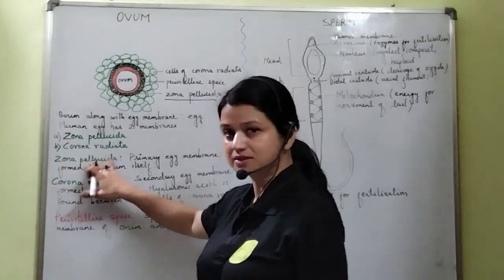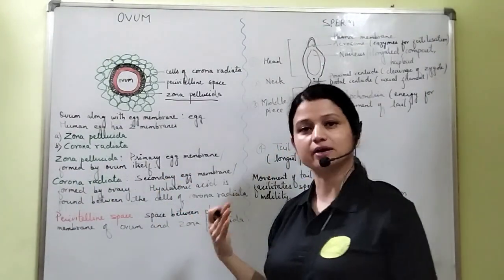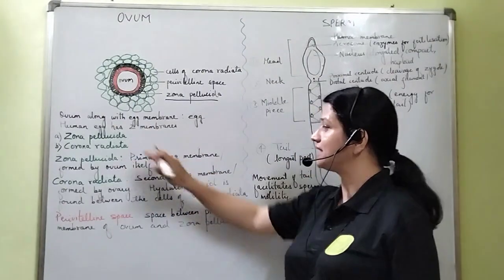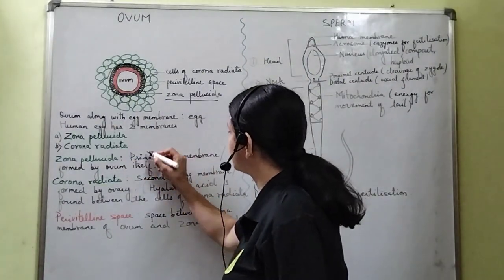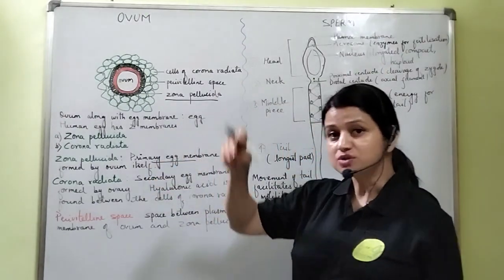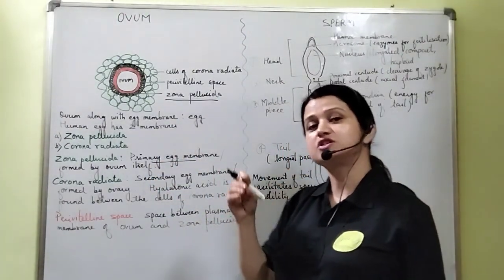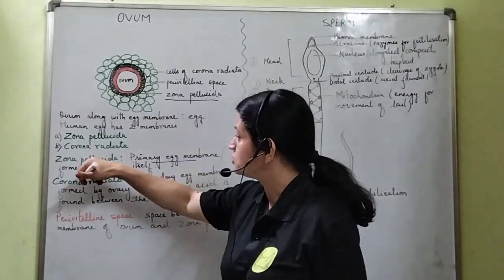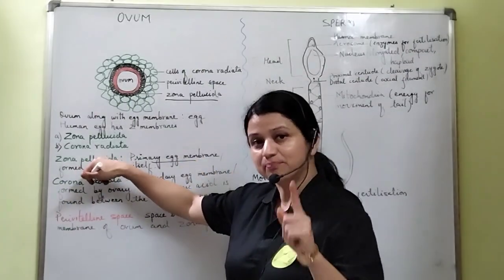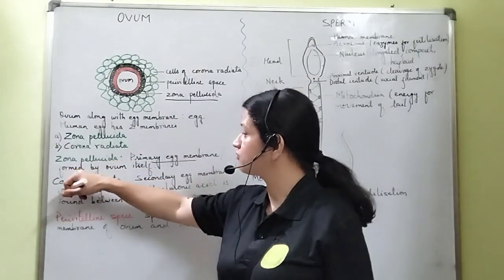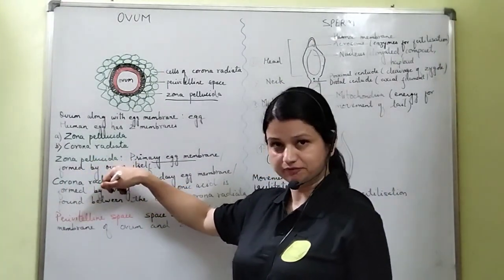Now zona pellucida is not written in detail in your NCERT, but you should know that it is a primary membrane. So which membrane is primary? Those membranes are primary which are formed by the ovum. So this membrane, zona pellucida, is our primary membrane and it is called primary because it is formed by the ovum itself.